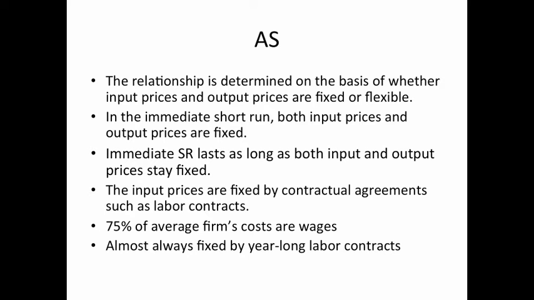Typically a worker goes to the firm and has a year-long contract. I'm going to work for a year, here's my contract, I sign it, it specifies how much money I'm going to earn, so my wages are fixed. There's nothing the firm can do about that. For that period of time, my wages and the wages of the other workers are fixed. The price of that input is set in stone for as long as that contract lasts.